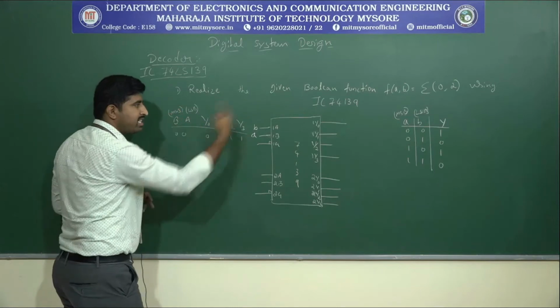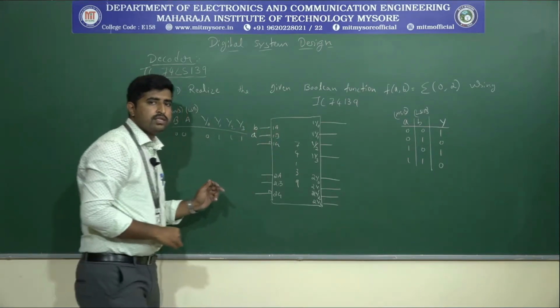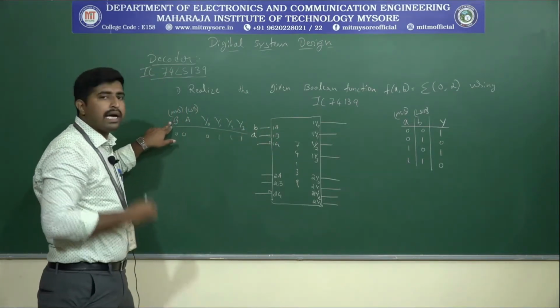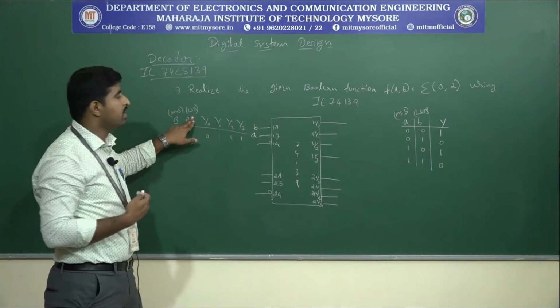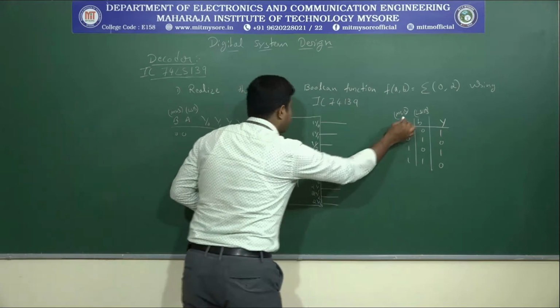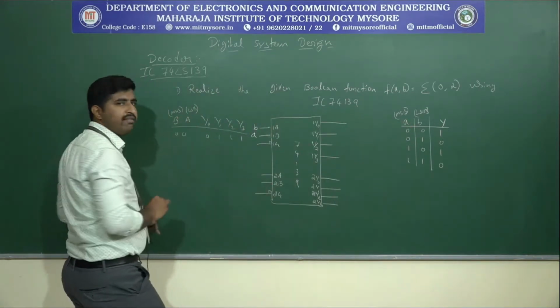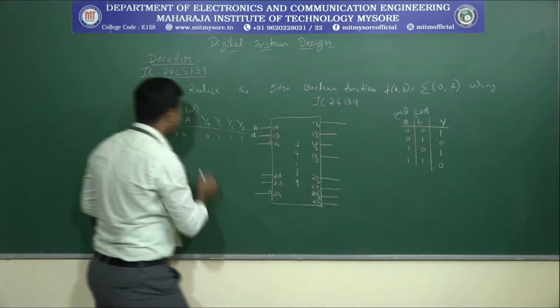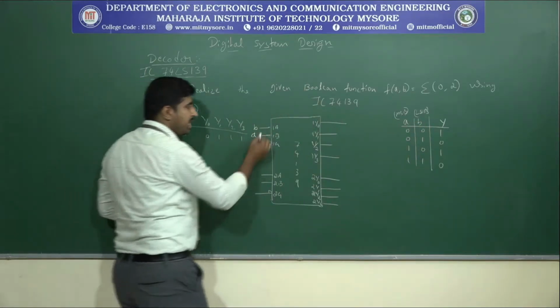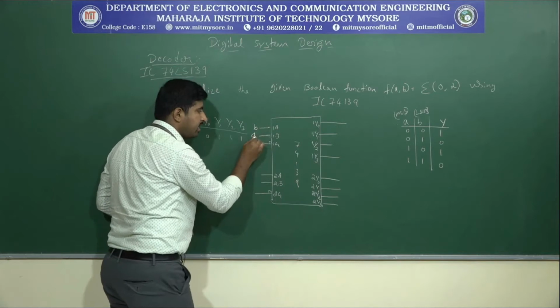This is what we have written in the truth table. Always the MSB will be first and then the LSB. So here the MSB variable should be written at the B terminal and the LSB variable should be written at the A terminal. That's why here I am writing B here and A here.